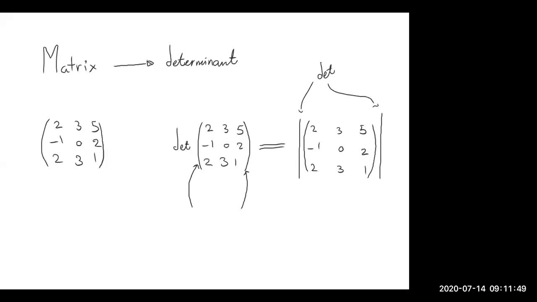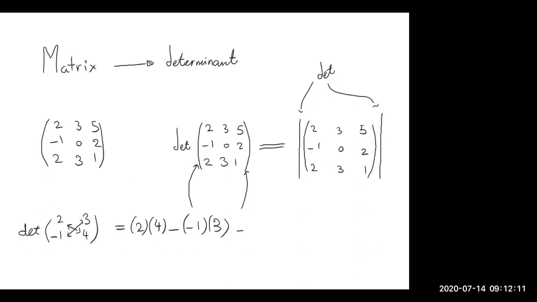So we talked about determinant of 2 by 2 matrices. It was pretty simple. So for example, the determinant of 2, 3, -1, 4 is equal to the multiplication of these two elements, 2 times 4, minus these other two elements, -1 times 3.